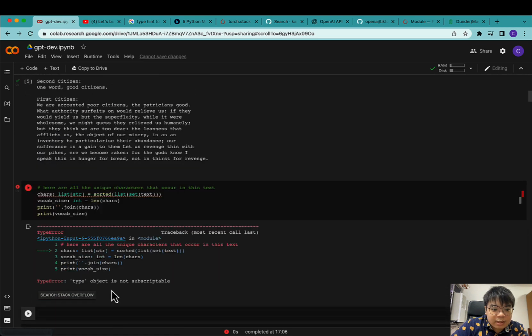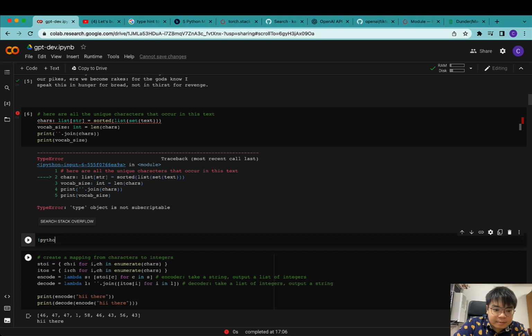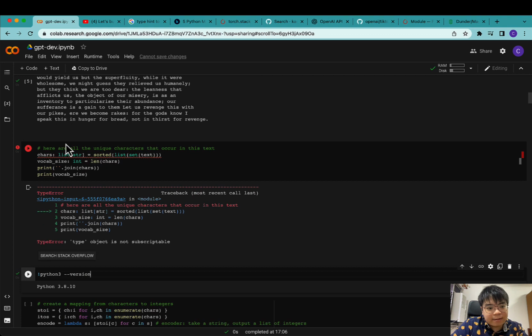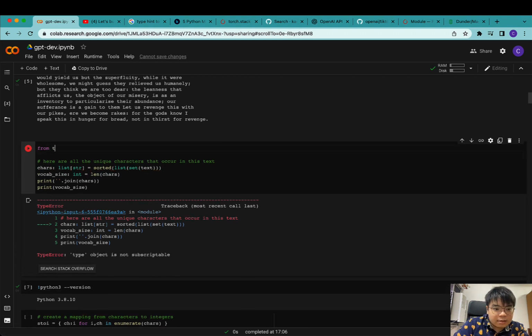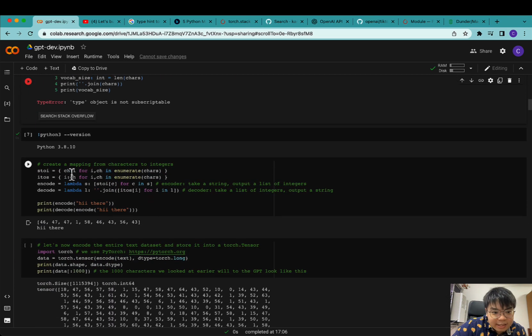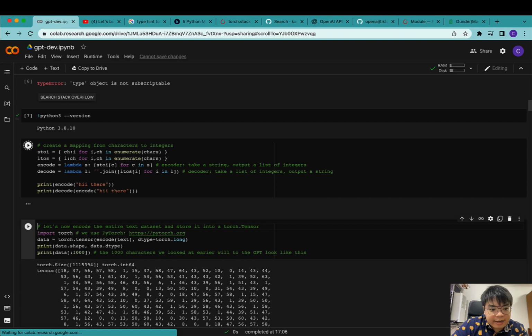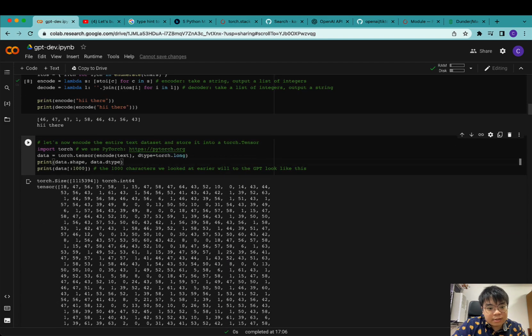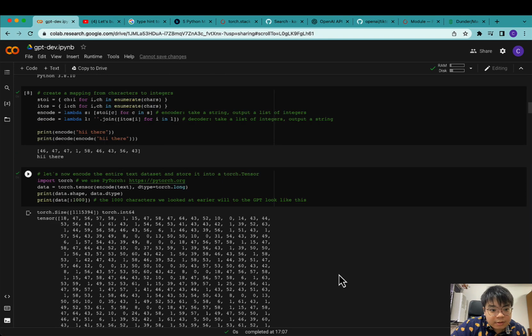Not Python 3.9? Okay, let's quickly check. Ah, 3.8. That explains it. Okay, guess we have to suck it up and use typing here then. I digress. Let's continue.